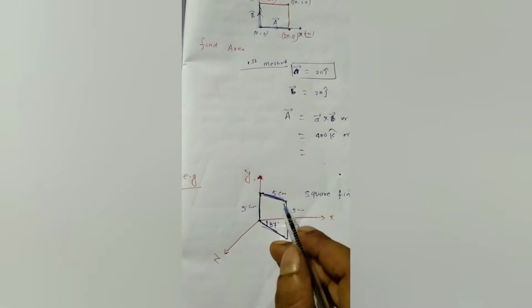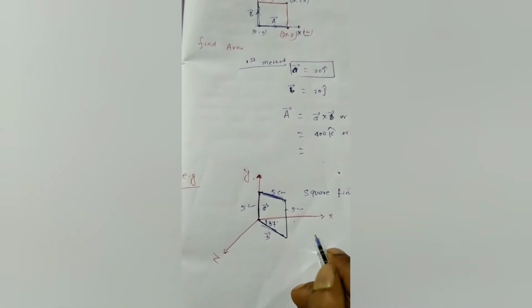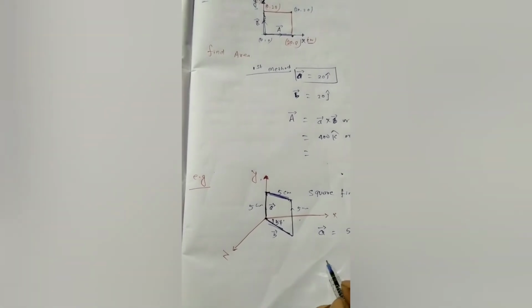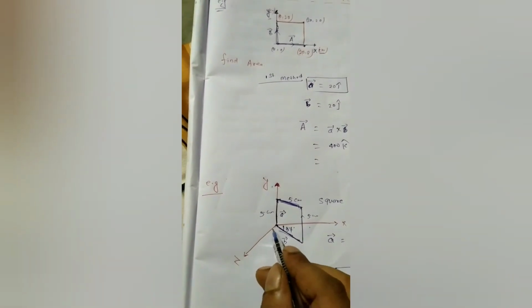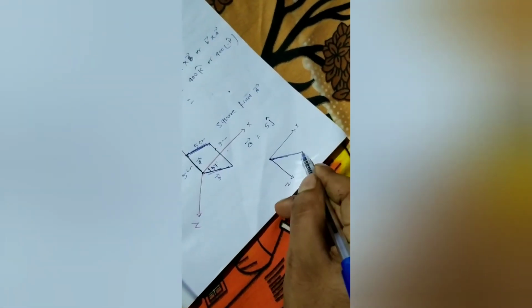Suppose this is small vector A and this is small vector B. So vector A, I can write here 5 j cap. Now vector B, you know, is like that. This is the x axis, and suppose this is Z, I am just making it like that for convenience. This vector B is at 37 degree.